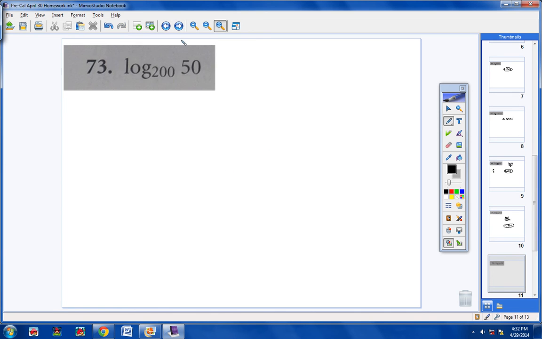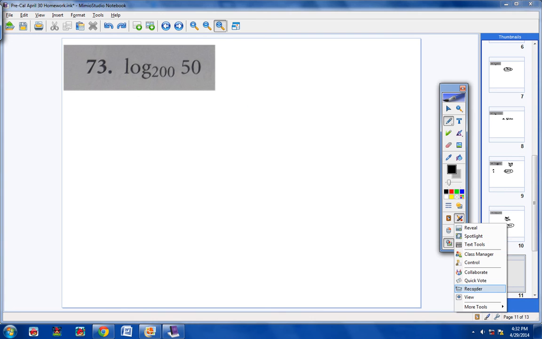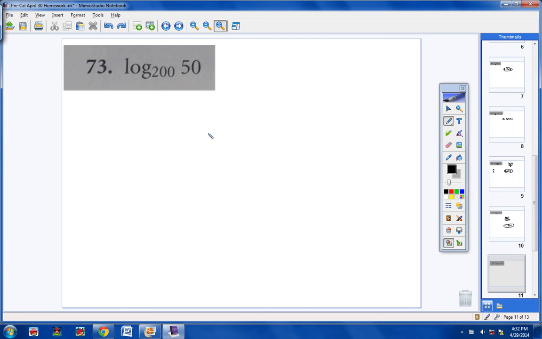Let's take a look now at number 73. Notice I have a base 200, and your calculator does not do base 200. So we're going to have to take the logarithm of 50 over the logarithm of 200.